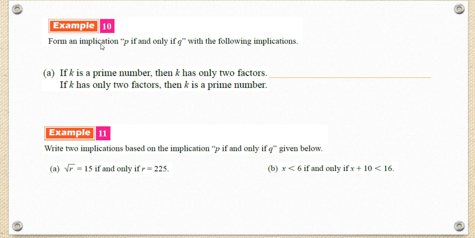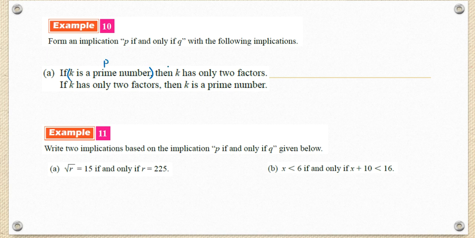Example 10, form an implication P if and only if Q with the following implications. If K is a prime number, then K has only two factors. Then they also give you another: if K has only two factors, then K is a prime number. What do you notice?